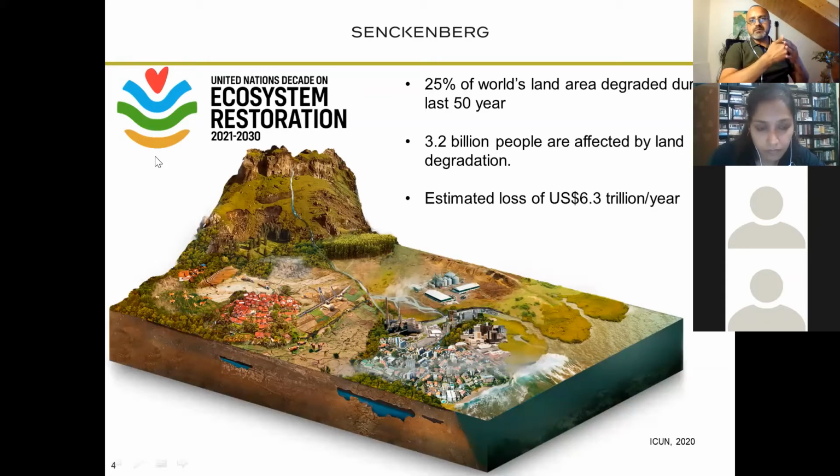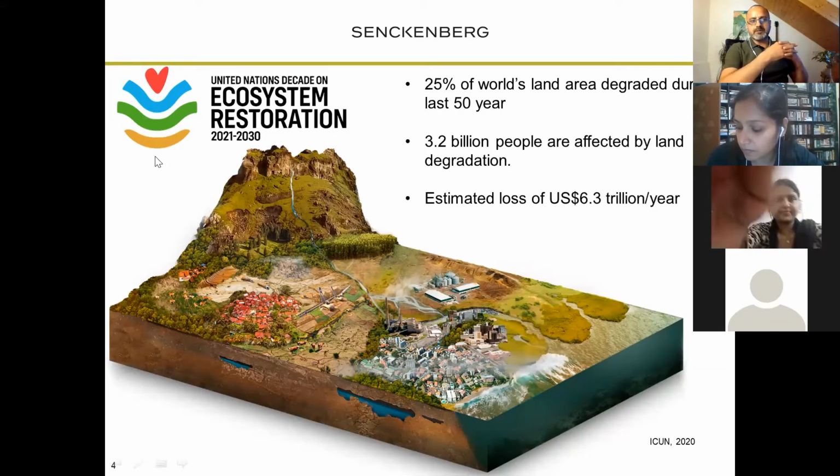As you see in these numbers, 25% of the world land area degraded during the last 50 years. 3.2 billion people are affected by land degradation. It can be in the mountains, plains, or agricultural or fertile lands. And the estimated loss is about 6.3 trillion per year.